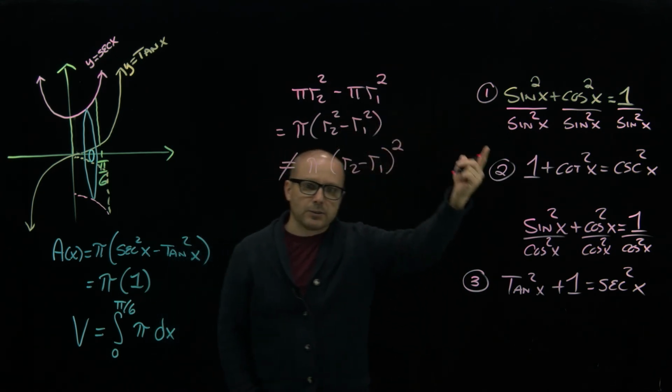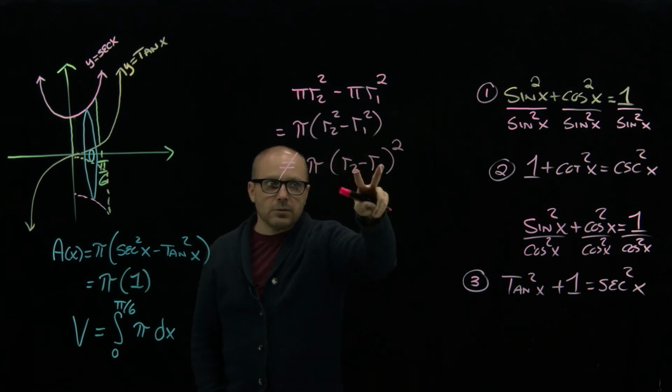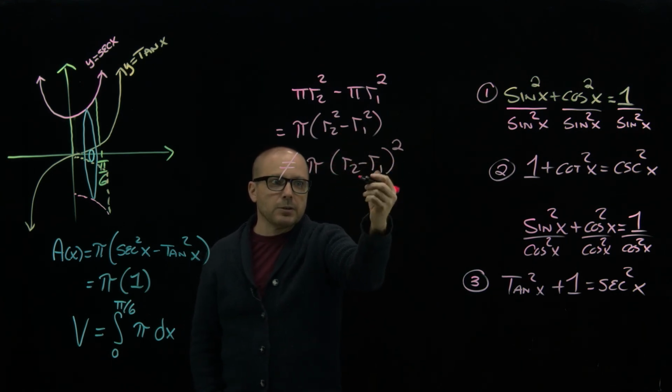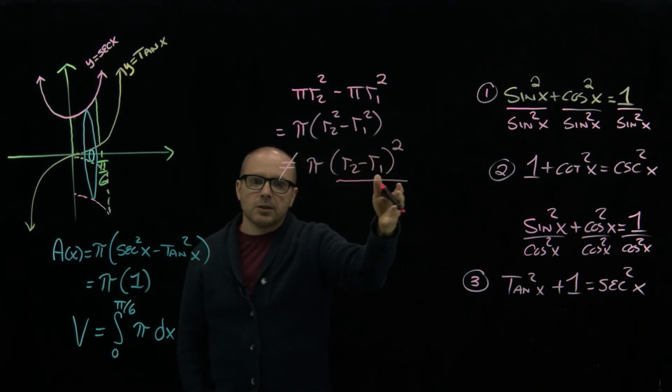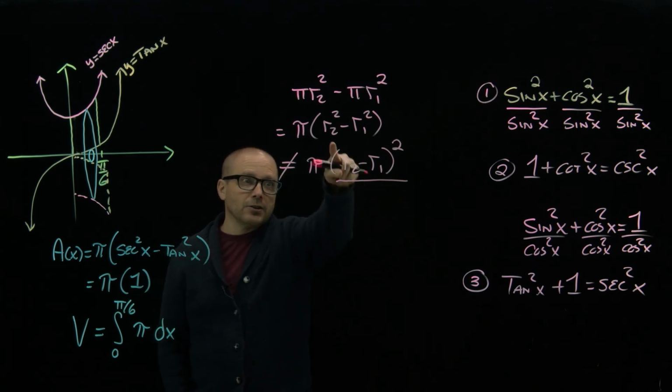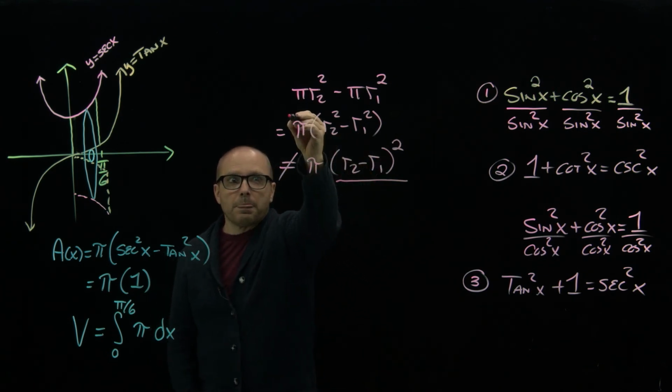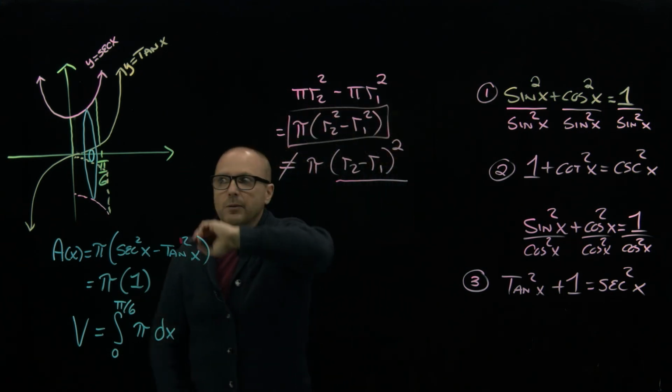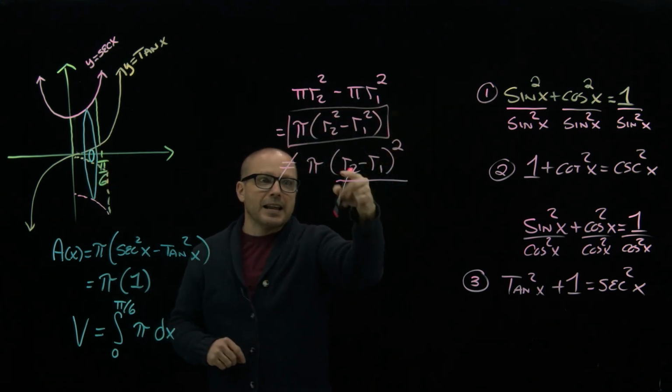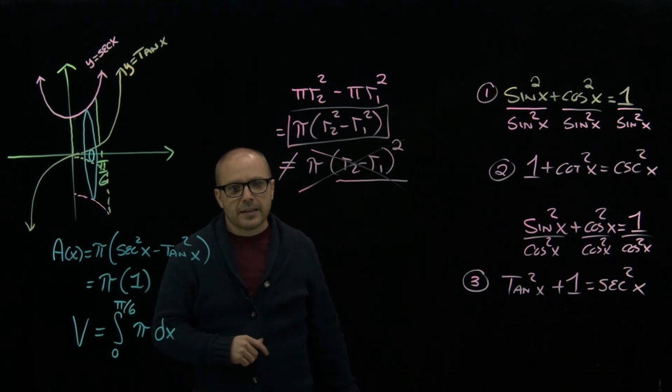You can't just factor a square out. These two things are not equivalent, right? Just think about what you have to do in algebra. If you have a statement like that, you need to FOIL that out, and you're not going to end up with this. So this is really that cross-sectional area whenever you have a hole there. It is not that.